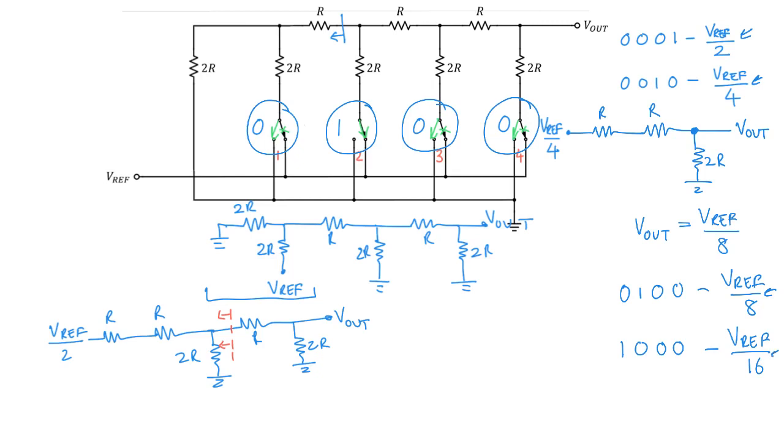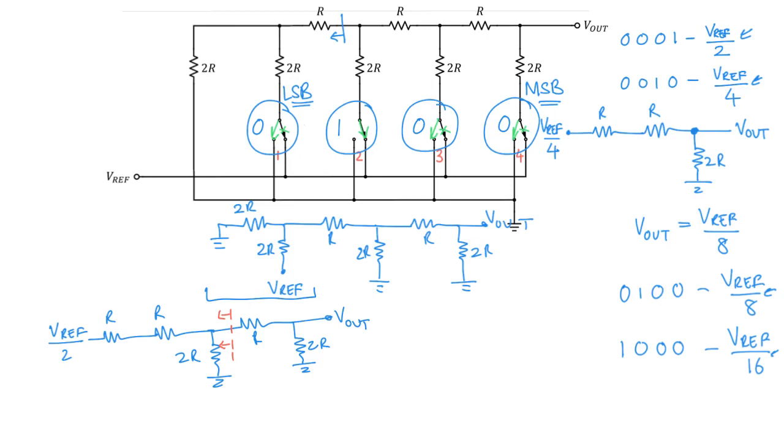So this bit here, switch 4, is our most significant bit, while this bit here, switch 1, is your least significant bit. And you can see that this circuit acts like a DAC.